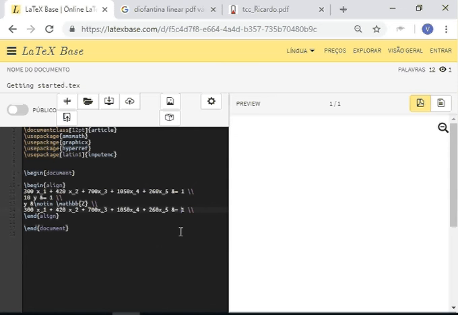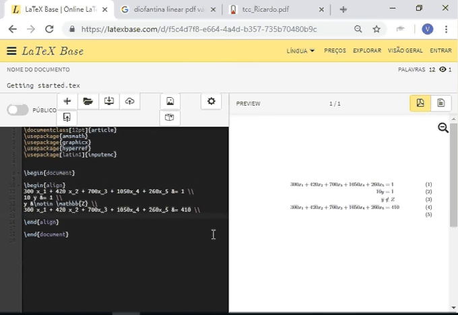Equals 410. Now it's possible to divide leftwards and rightwards by 10. When we divide by 10, we get 30, 42, 70, 105, 26, 41.